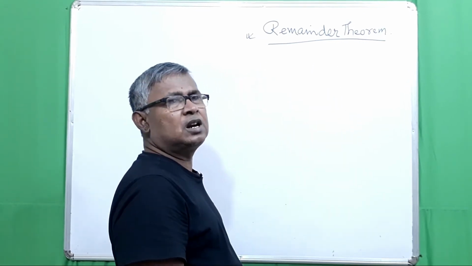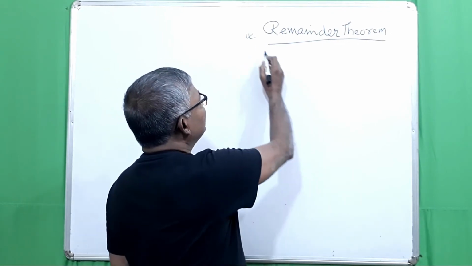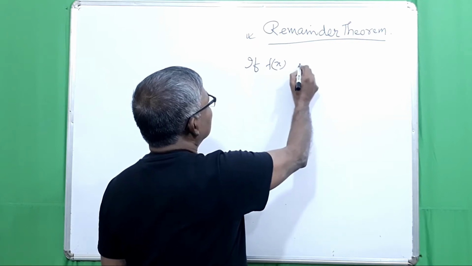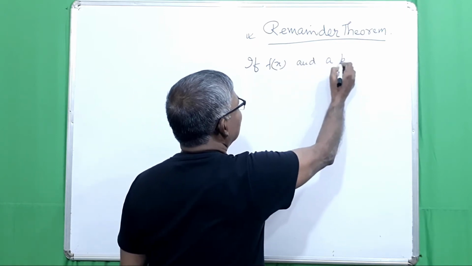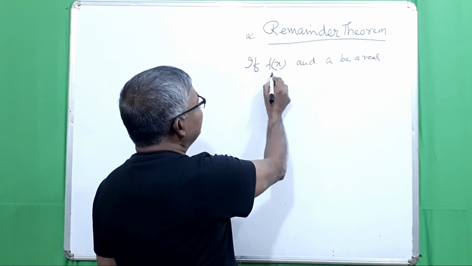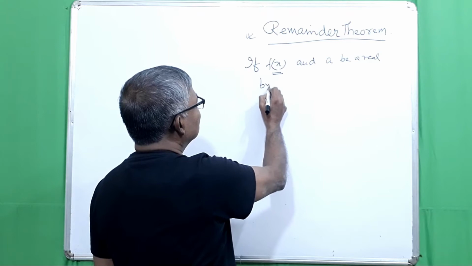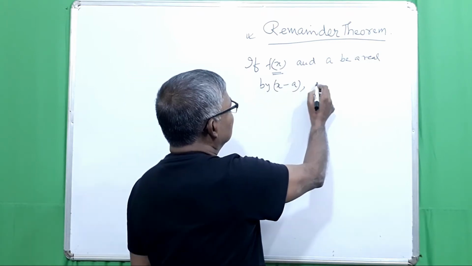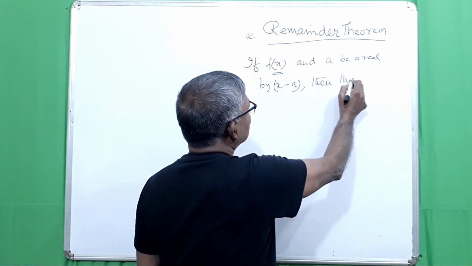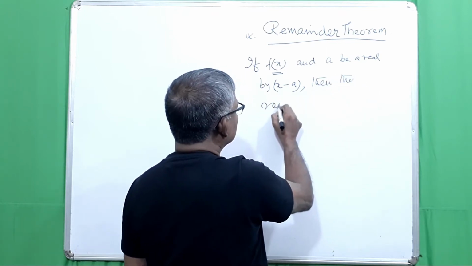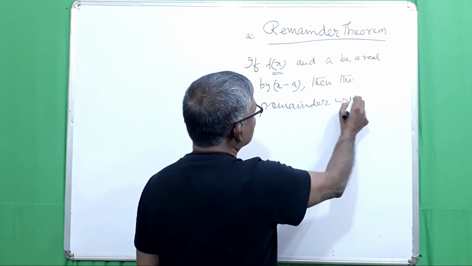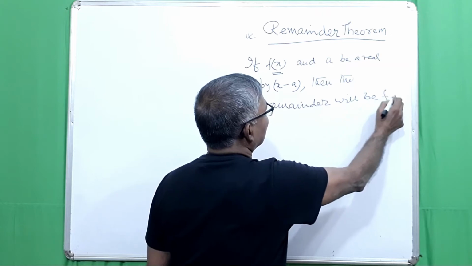Students, let us learn the statement of remainder theorem. If f(x) be a polynomial and a be a real number, then if we divide f(x) by x minus a, the remainder will be f(a).